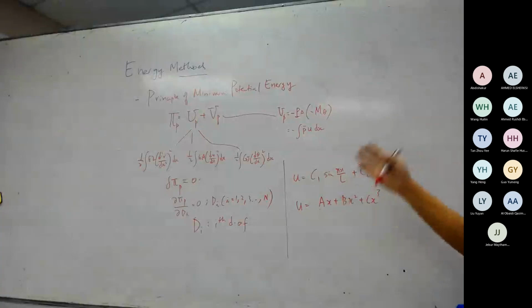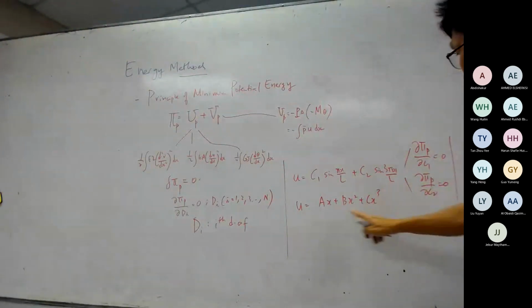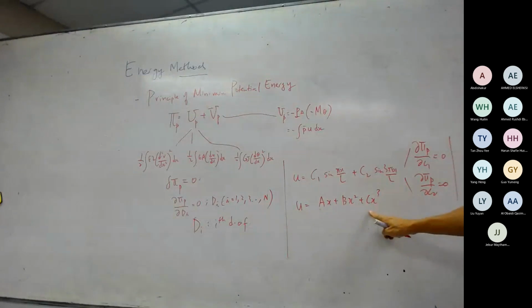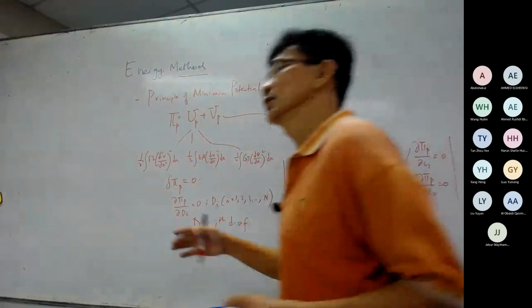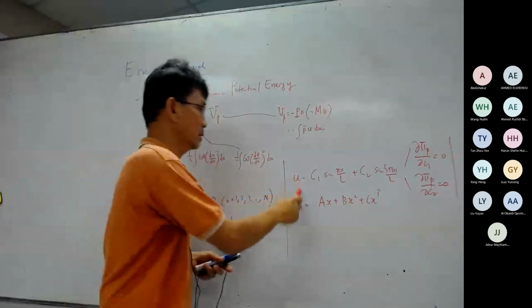So here we have to do del Pi / del C1 equal to 0 and del Pi / del C2 equal to 0, and solve these two equations to get C1 and C2. Here you have to differentiate 3 times, one with respect to A, the second with respect to B, the third with respect to C, and solve the 3 equations to get A, B, C. And when you get A, B, C, you get the answer.